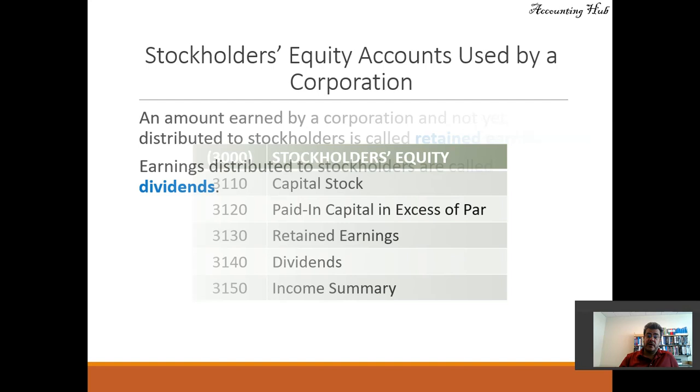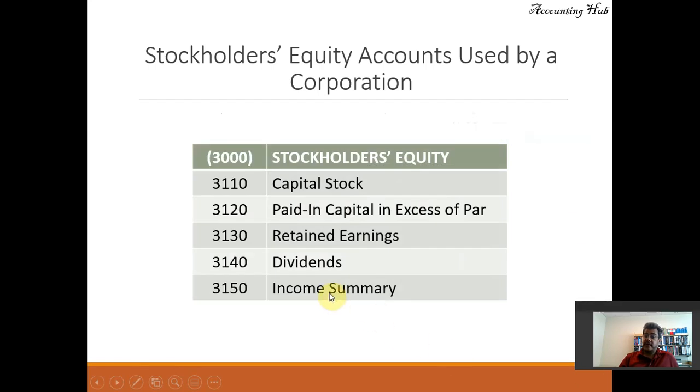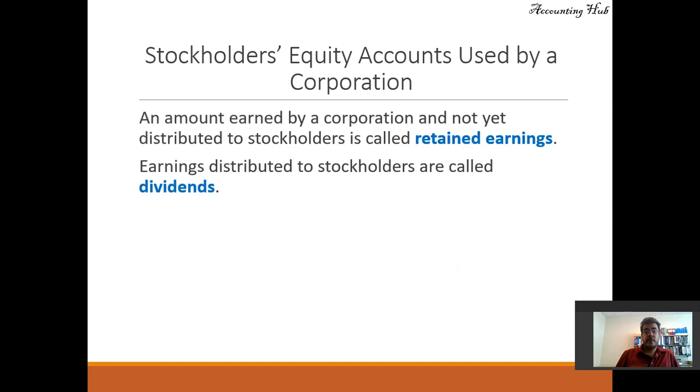So here, 100 income summary. 90 will go to retained earnings. 10 we will pay as dividends. So we are keeping 90. 10 we are taking out and paying as dividends. Okay? So earnings distributed to stockholders are called dividends.